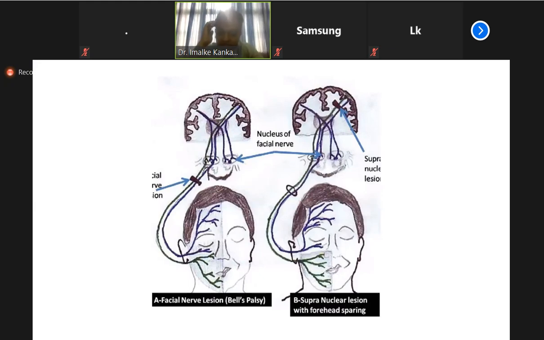The most striking abnormality which I noted during my examination was he has got mouth deviation onto the right side and he could not close his right eye, right? Then regarding third, fourth and sixth nerve examination, I could not find any abnormalities. He could have full range of movements.